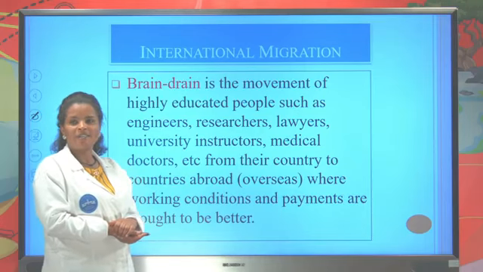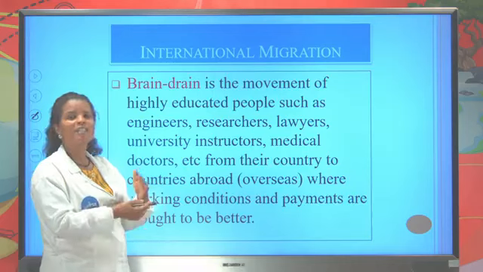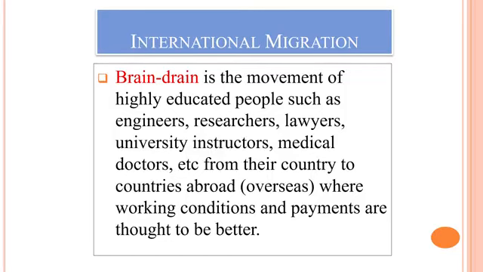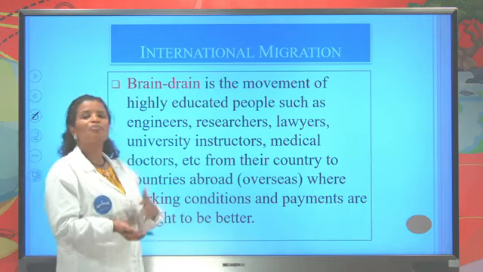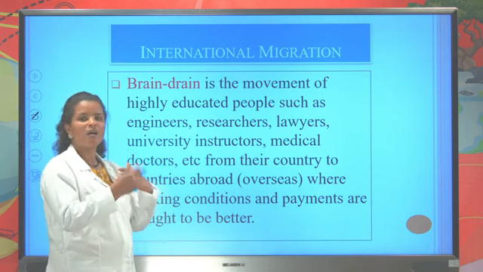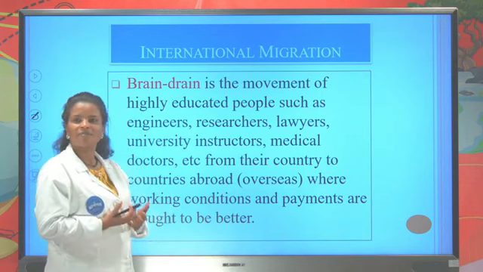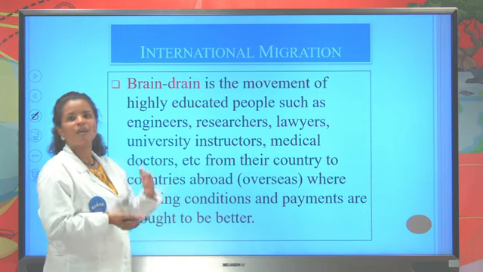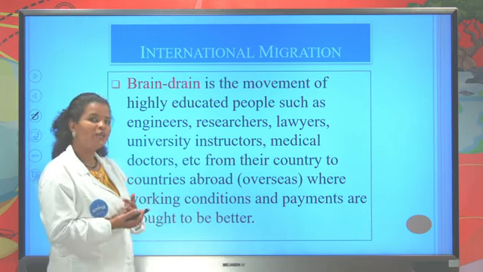Brain drain is the movement of highly educated people, such as engineers, researchers, lawyers, university instructors, medical doctors, and so on, from their countries to other countries for working conditions, payment, and different purposes. They migrate from their country to another searching for different things. In short, brain drain is the movement of educated people.